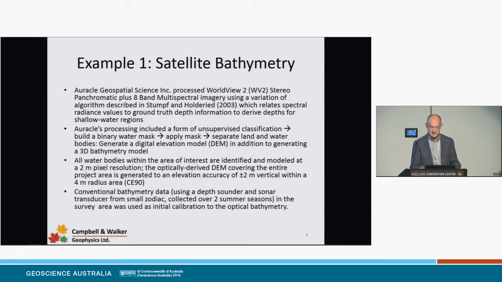You've got to recognize that the accuracy of the multispectral imagery, or the bathymetry derived from those satellite images, is directly related to both ground truth data and the water depth. Also, I'd say the clarity of the water, with accuracy reportedly decreasing substantially in water depths once over 20 meters.